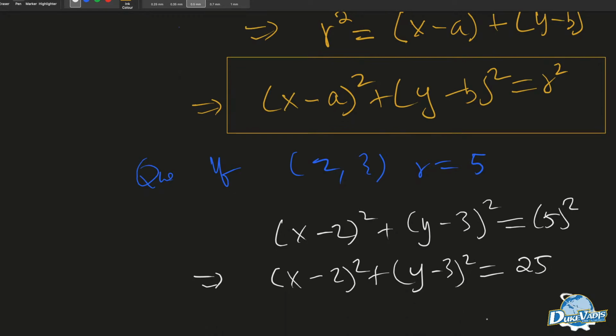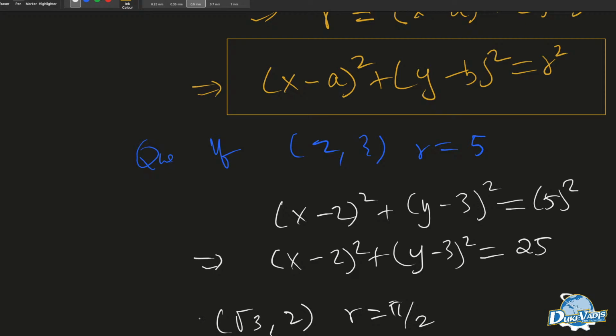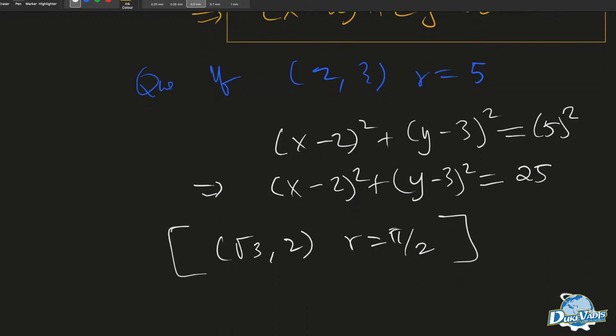Now, in the same way, if we have any coordinate at all, we can be given a coordinate to be maybe square root of 3, 2, and r to be equal to pi on 2, and we have been asked to find the equation of a circle, what we have to do is substitute the respective values into the equation.